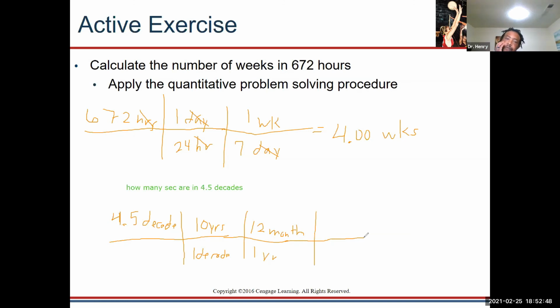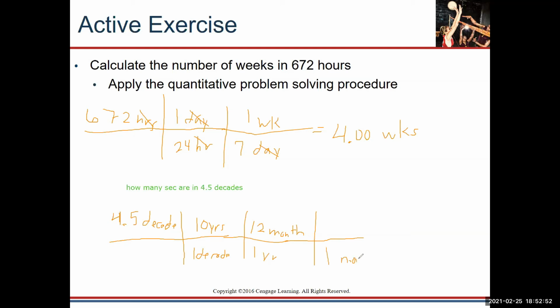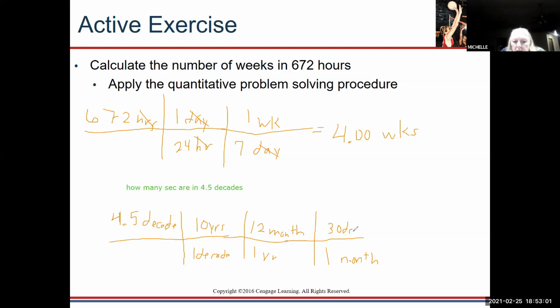And in 1 month, there's 30 days. Or should we put 365 days in a year? Well, it's 365, because the 12 months are not always the same number of days.